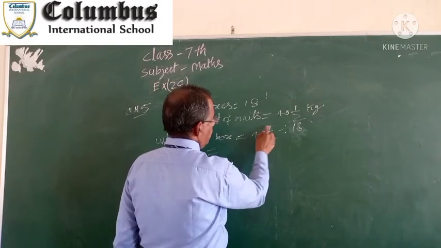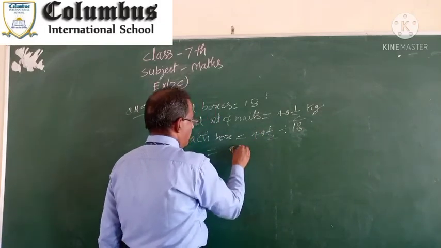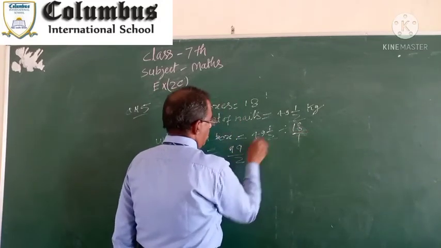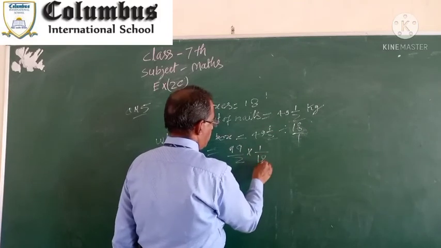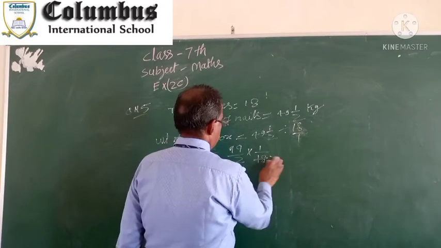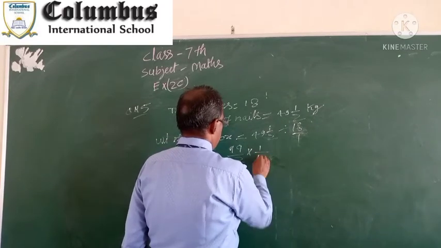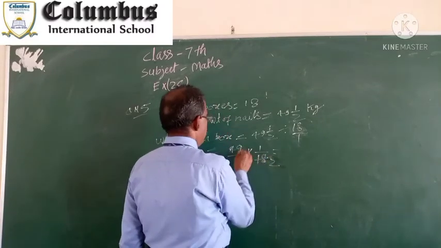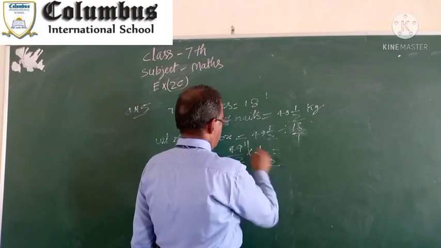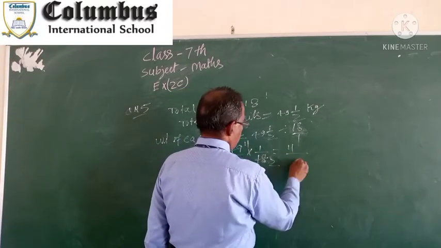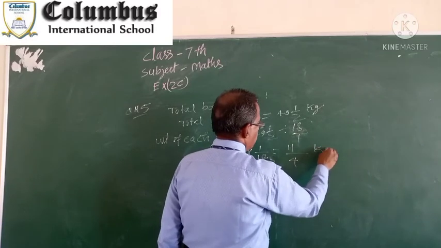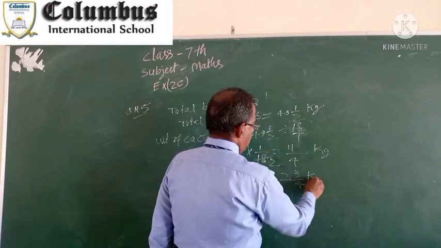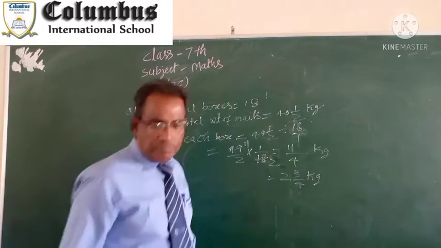That is 99/2, and 18 will be changed into 18/1, into 1/18. 9 into 18, now 9 elevens are 99. That is 11 into 1, 11, and 2 fours are 8, so 11/4 kg, and it's equal to 2 and 3/4 kg. Each box weighs 2 and 3/4 kg. Clear it?